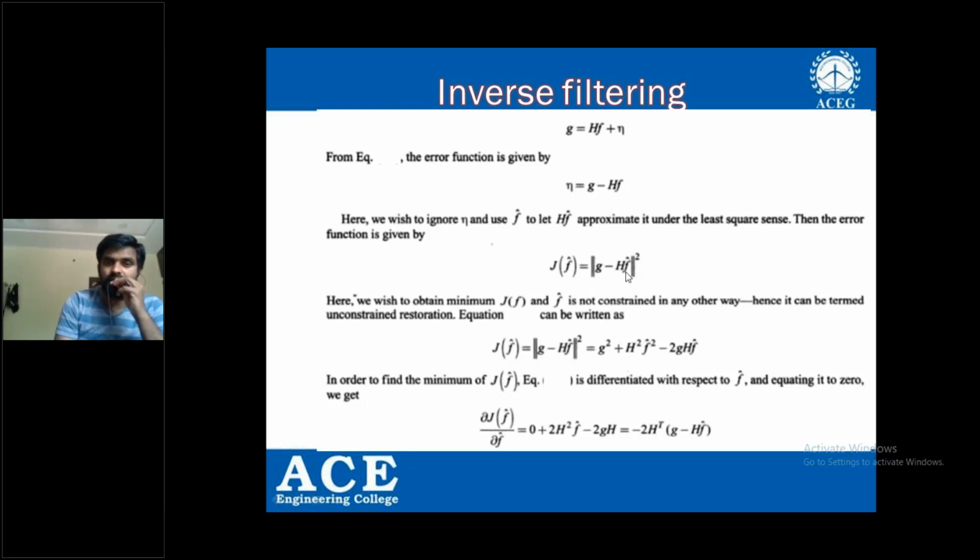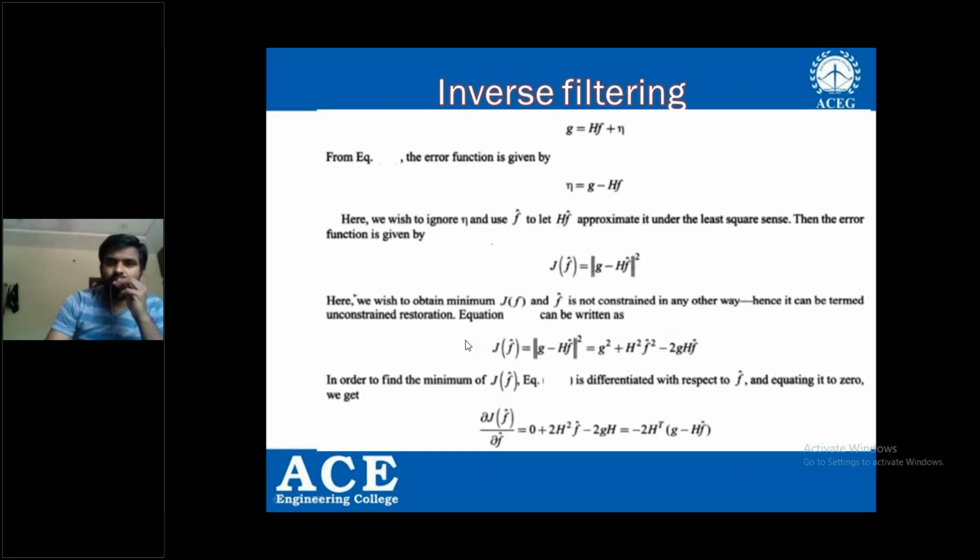So G minus HF cap whole squared is called the least square error. That is error squared. I'm considering this as a function J. What we wish to obtain is the minimum value for J of F cap, and F cap is not constrained in any other way. Therefore, it can be termed as unconstrained restoration.